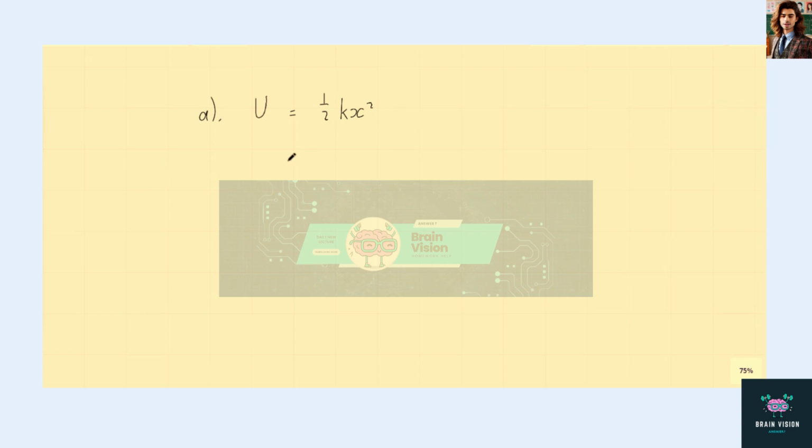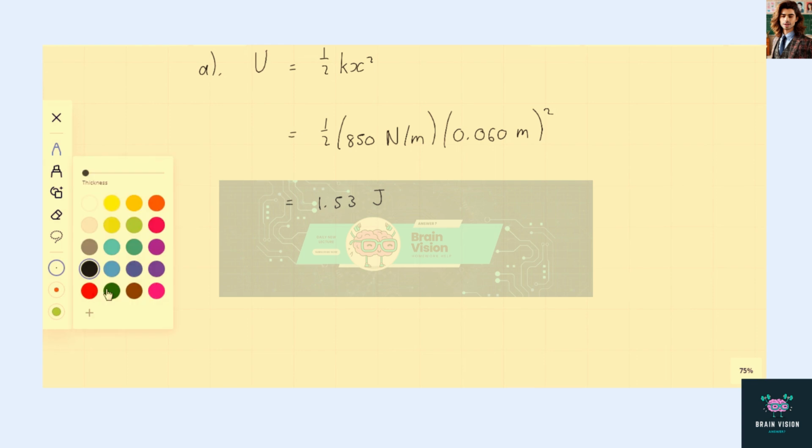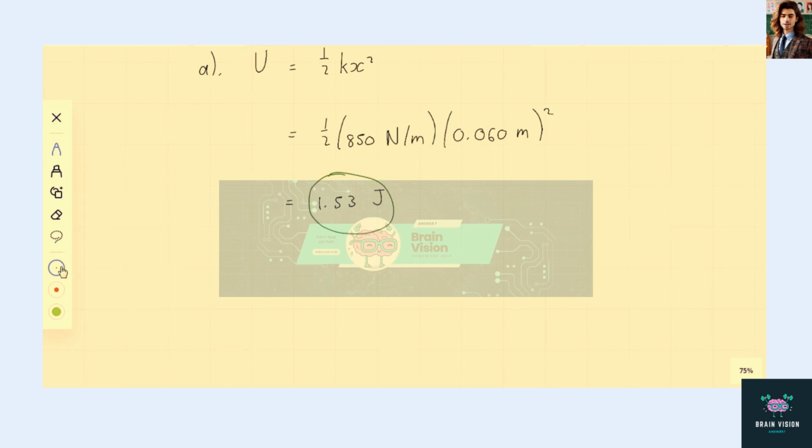So this is equal to a half times the force constant of 850 newtons per meter, times 0.06 meters from the equilibrium position, so that's x, and that's squared. So we get the elastic potential energy at 6 centimeters from the equilibrium position to be 1.53 joules. That's our first answer.